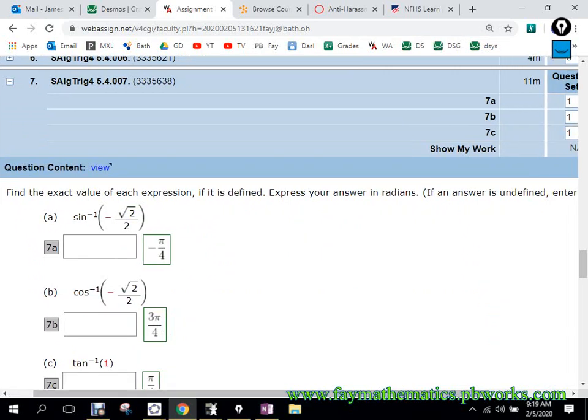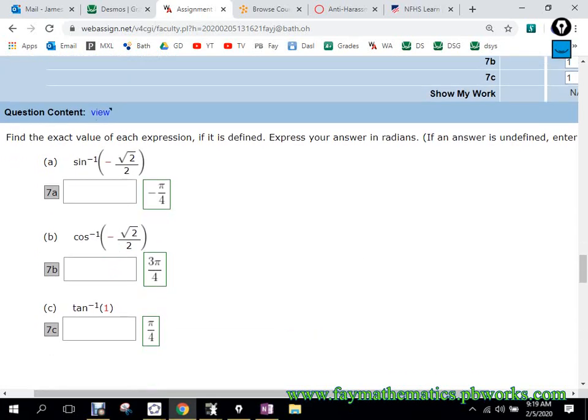All right, so find the exact value of each expression. Now, Blaze, this is something that I want to make sure that your eyes are open to. In about 3 or 4 weeks, when we need to be able to use this stuff, and you haven't learned it, and you come crying to me that you don't know how to do it because you refuse to learn it here because you rely on your calculator, I'm not helping you.